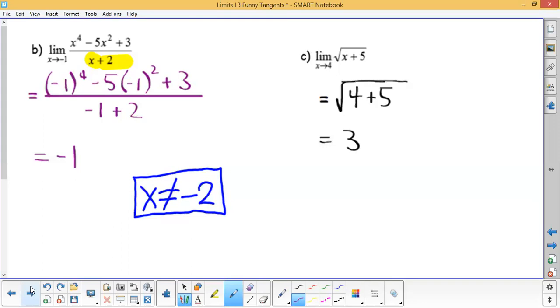The same thing for this rational function. We can use direct substitution for this particular example. The key thing is that if you are able to use first principles and use direct substitution and get the same answer, then you know that the function works and is continuous.